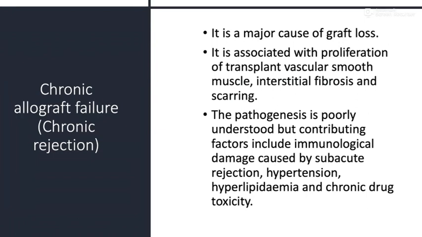Here the pathogenesis is poorly understood, but there are certain contributing factors, including the immunological damage caused by subacute rejection, hypertension, hyperlipidemia, and chronic drug toxicity. So it is not only an immune response like the other three preceding types. These are multiple factors, and what will happen is smooth muscle proliferation, interstitial fibrosis, and scarring, and as a consequence of these the graft will fail, and of course this is in the long term.